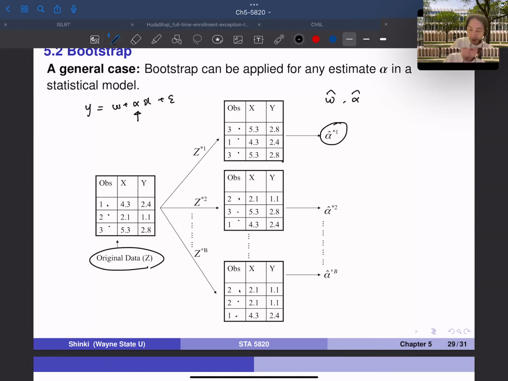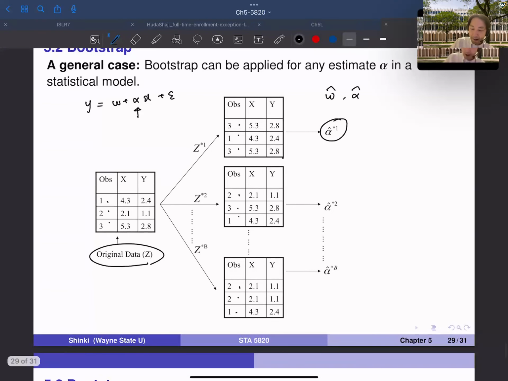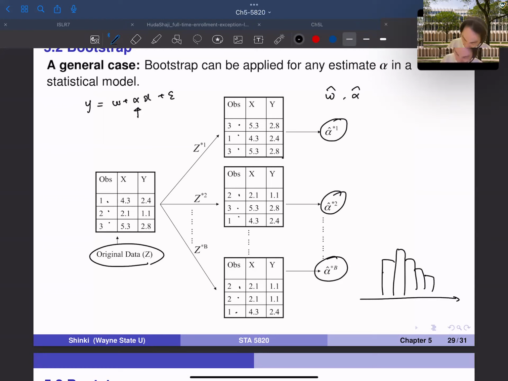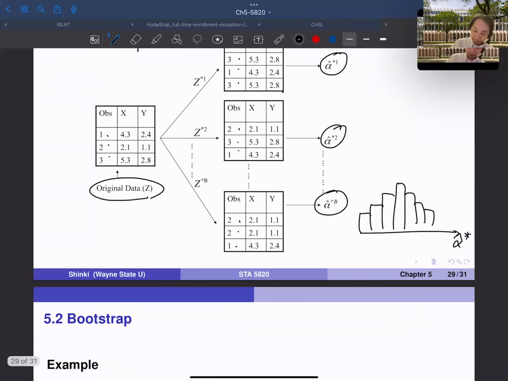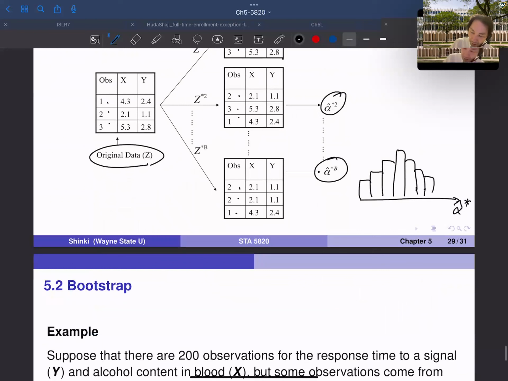We calculate the alpha hat from this data set, and we do the same thing for each data set. We do this B times, maybe 300 times. Then we can get the distribution of alpha hat, maybe a histogram of alpha hat star, with an asterisk.